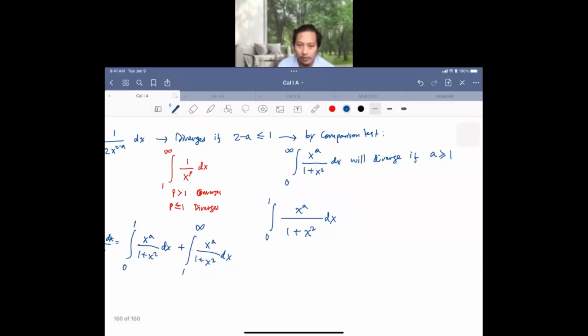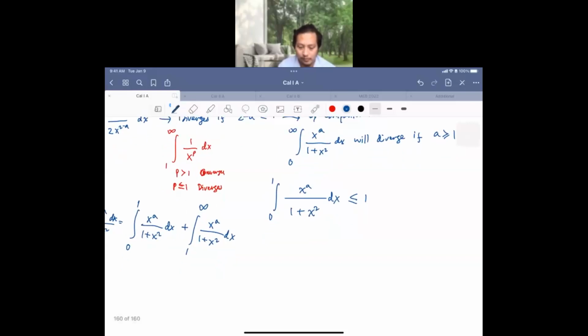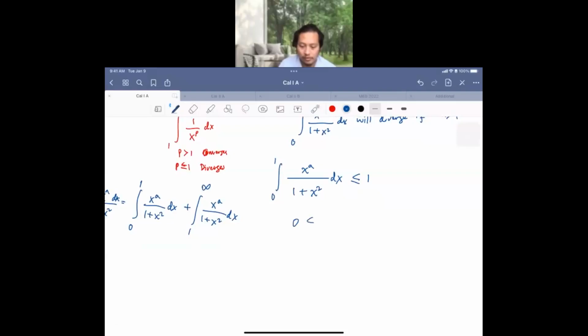Now we take this x with power of a over 1 plus x squared. This will be less or equal 1. And x to the a over 1 plus x squared is less or equal x to the a.